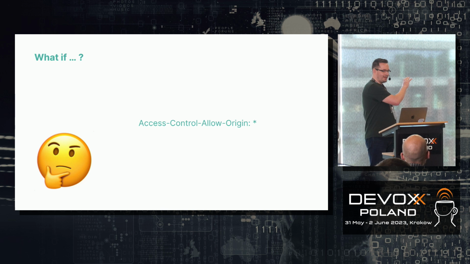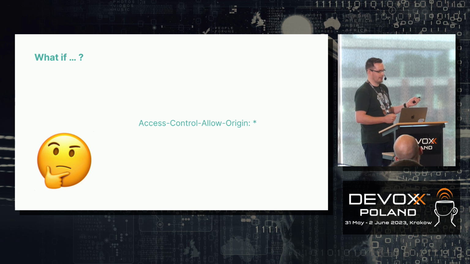So to put it into perspective, actually this is treated by browsers as a server misconfiguration. So it will assume that there is no header whatsoever, so only the same origin policy. If you want to open up your site to the entire internet, you need to be a little bit more creative and return the exact domains that are requesting the content. This is treated as a false configuration, although the RFC says it's OK to add it.